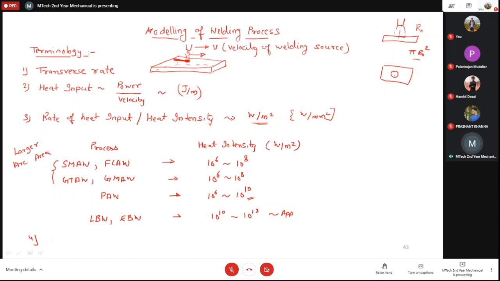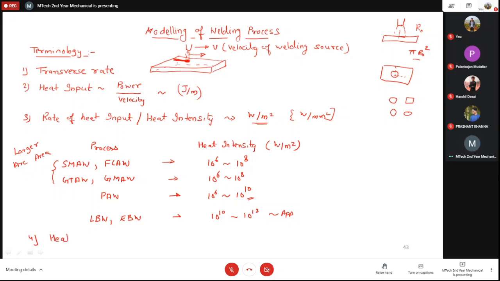It will have some coordinates here. It may be distributed in the circular way. It can be distributed in the rectangular way. Okay, so there are different types of sources. It may be elliptical, it may be oval. Based on this, we can say that the distribution varies.